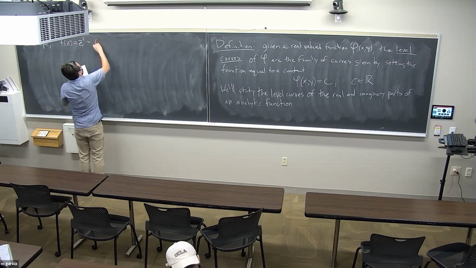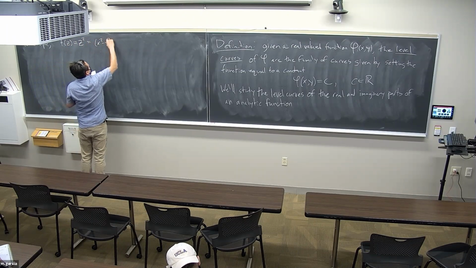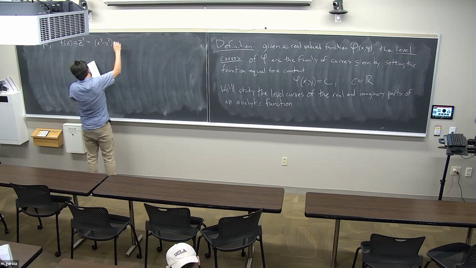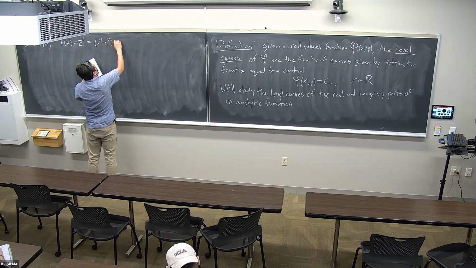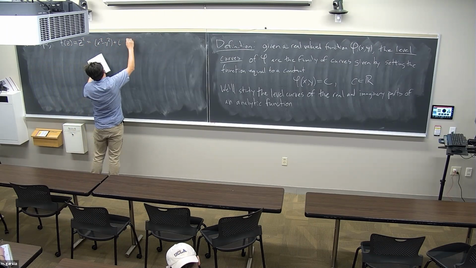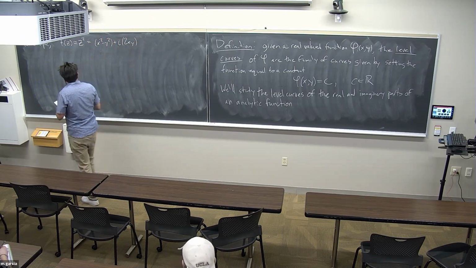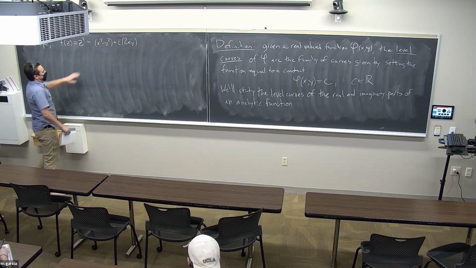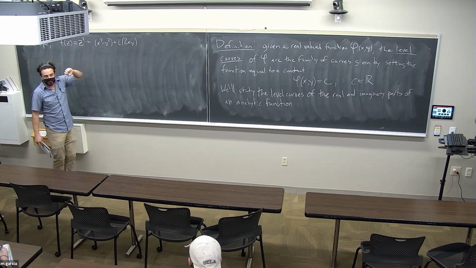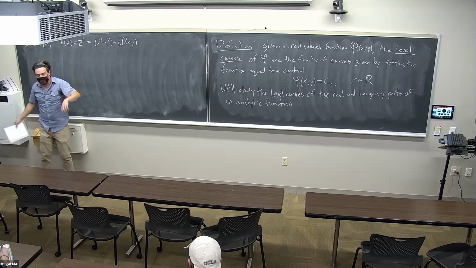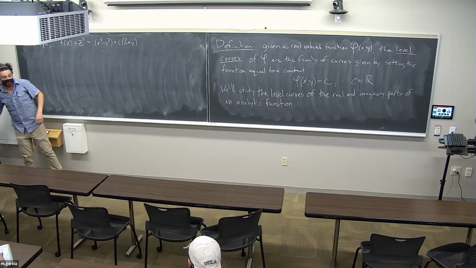What do I get for my real and imaginary components? I get x squared minus y squared for my real component, plus i times 2xy. Okay, so my real component function is the equation of the back of this chair, the saddle.